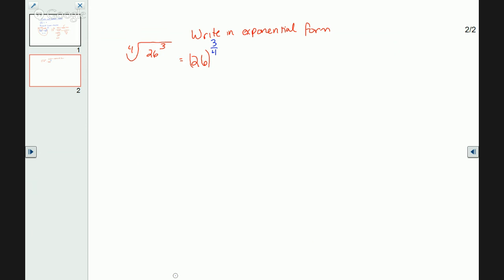I'll tell you this. Did we change it at all? No, it's the same answer. Still an exponent in the numerator, root in the denominator.